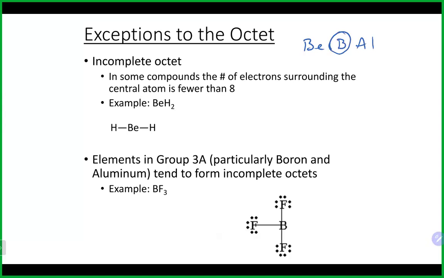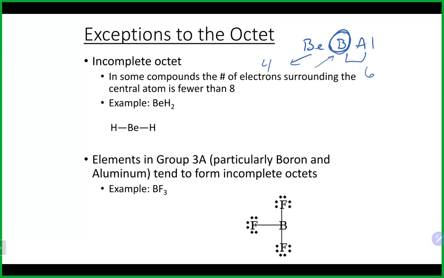Out of those 3, probably boron is the one that you will see the most in terms of less than 8 electrons. Boron and aluminum typically will go 6. Beryllium will typically go 4. But boron is very, very common in terms of an incomplete octet.